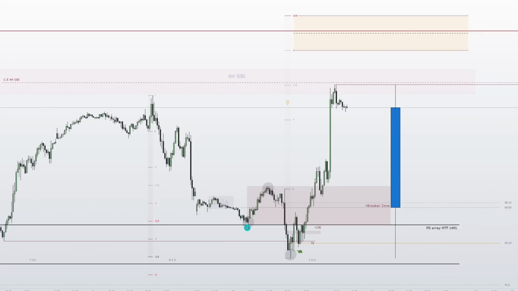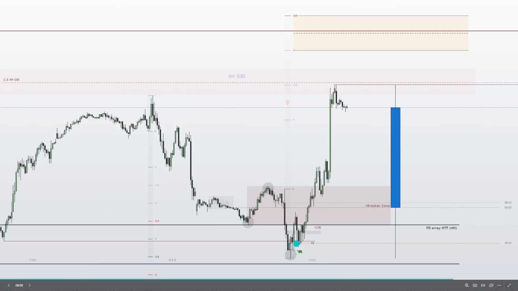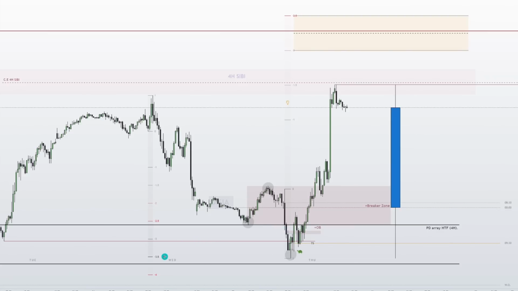Price moves below the 2.5 deviations, one little retracement, and moves on to print the week low at the 3.5 deviations, taking the short-term low here, the Tuesday low, and reaching this higher time frame PDRA 4 hour and one order block, the daily order block, the main threshold.